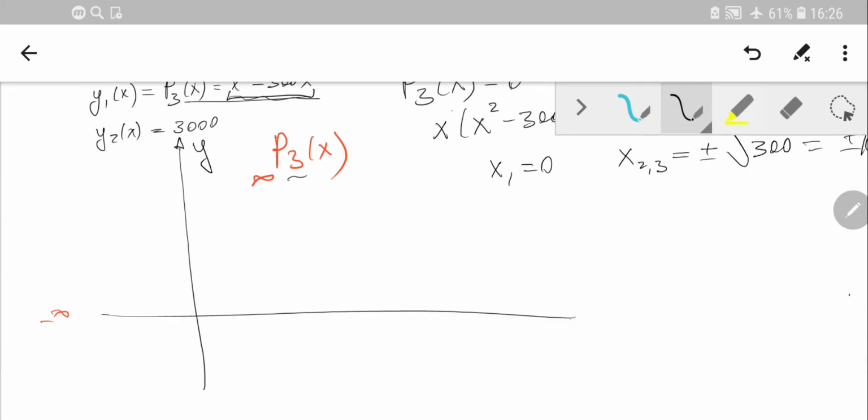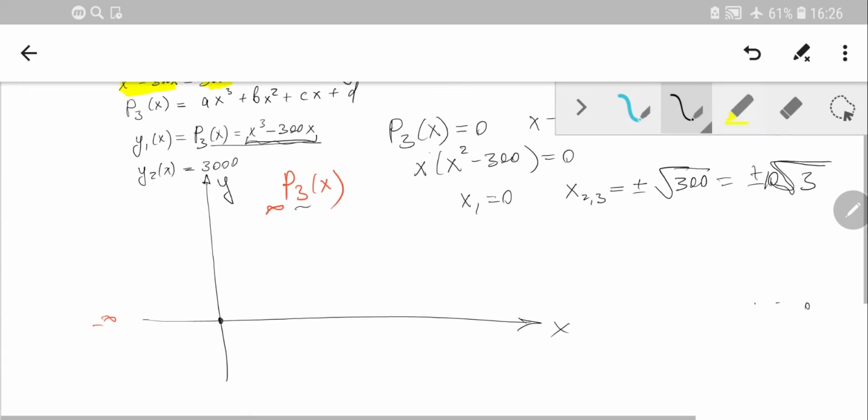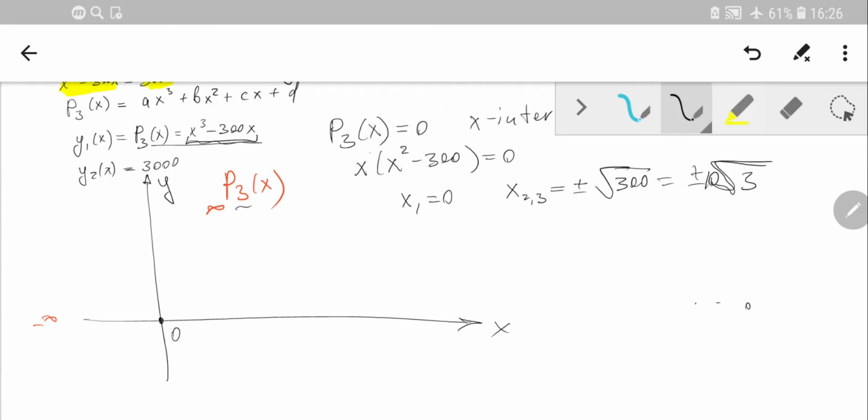Y, let's say X. So this is 0. This is one point, but it also goes through negative 10 square root of 3, let's say it's here, and here symmetrically 10 square root of 3.